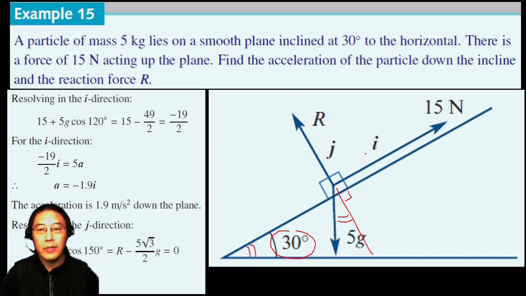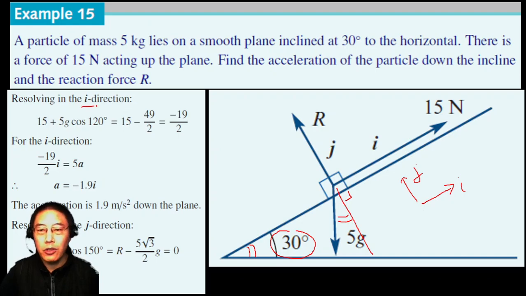So i is parallel to the plane, and j is perpendicular. I know it's annotated there, but it's not really clear. I like it to be explicitly separate.